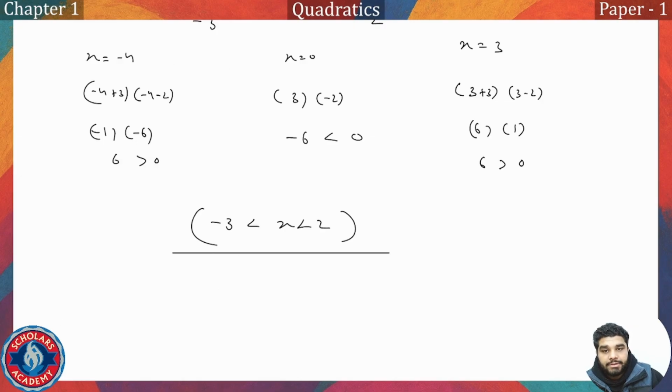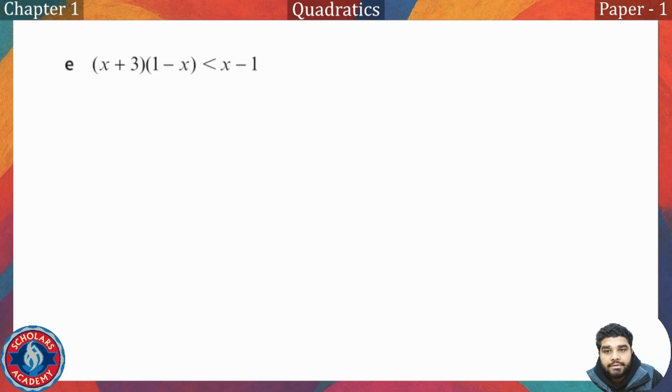Alright, let's move forward. Let's simplify this first. So x minus x square plus 3 minus 3x is less than x minus 1. Let's bring this to the left hand side. We get negative x square, negative 3x, and plus 4 is less than 0.